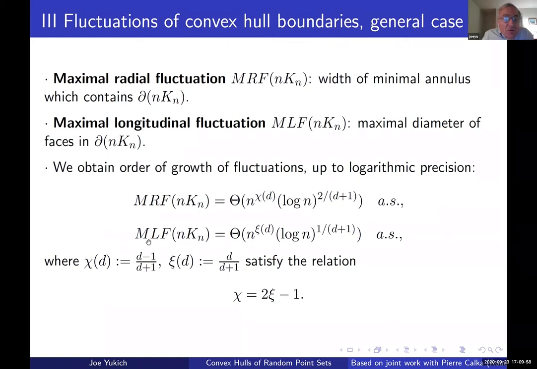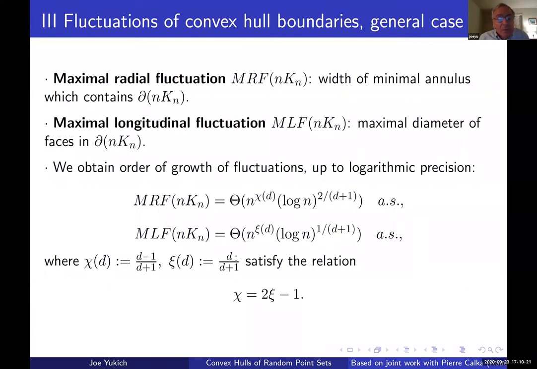The maximal longitudinal fluctuation scales like n to the psi of d, where psi of d is d over d plus 1. These relations here are corollaries of a more precise result, which we'll speak about in a second.